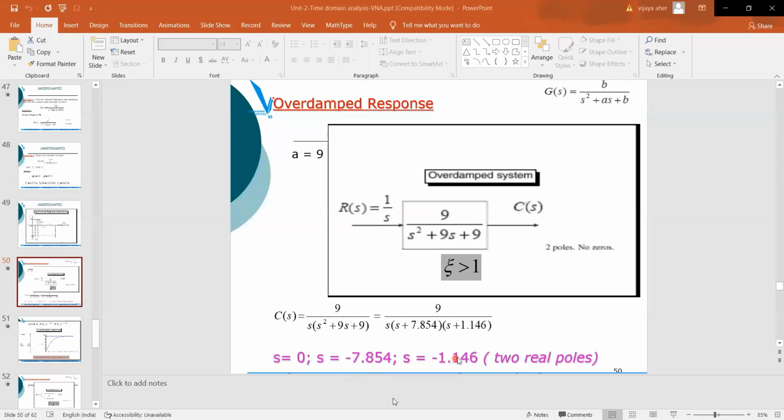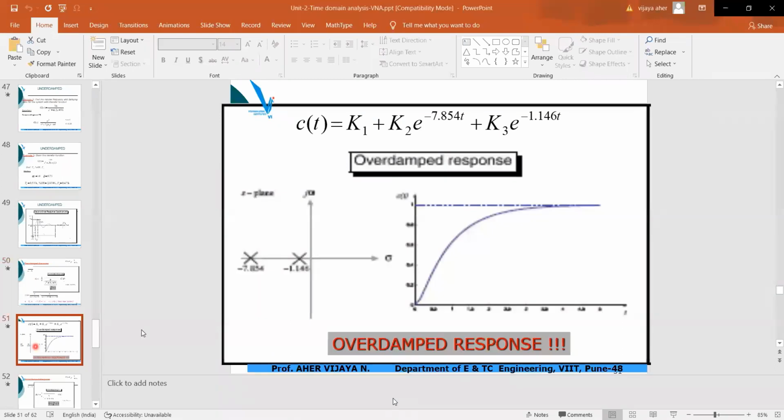You have plotted these poles on the S plane, and they are located in the left half of the S plane. So this is the response. These are the two poles, first pole, second pole, and one more pole at S equal to 0.